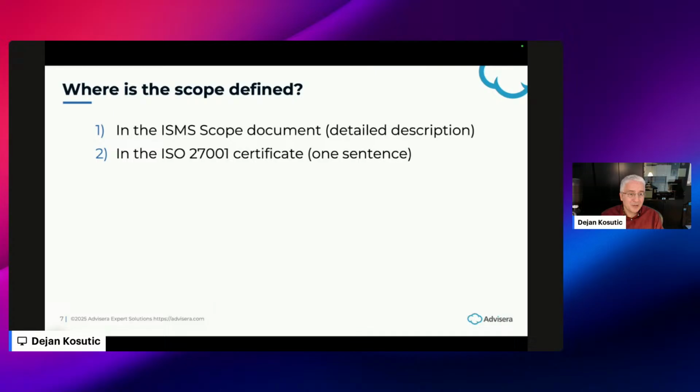Here, the ISMS scope is described in maybe half a sentence. So this scope is a very shortened version of the scope document that you defined first. Your internal scope document should be longer. The certification body summarizes the scope in a short sentence or half a sentence.